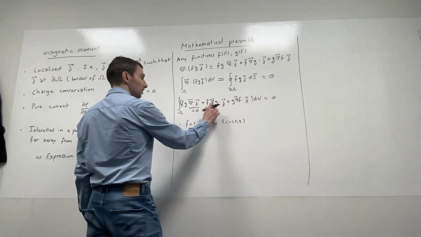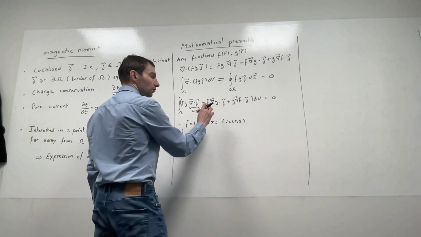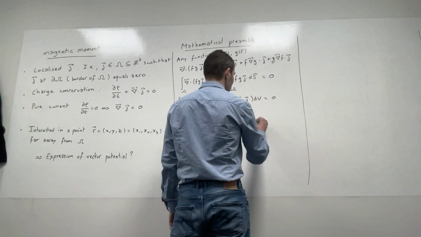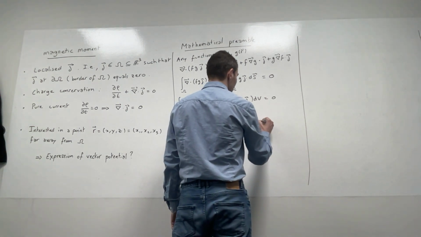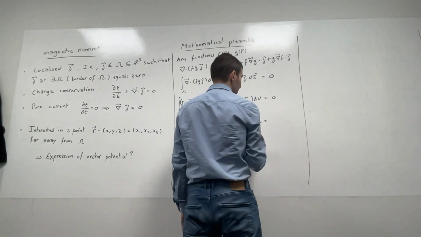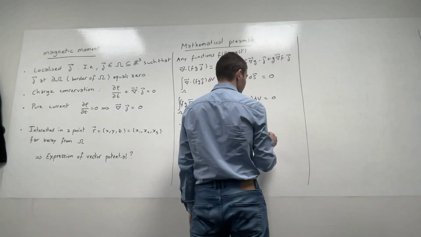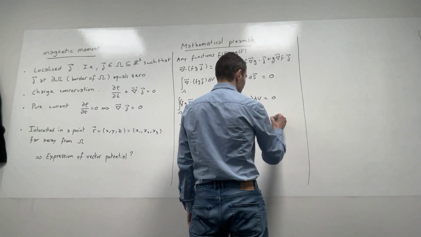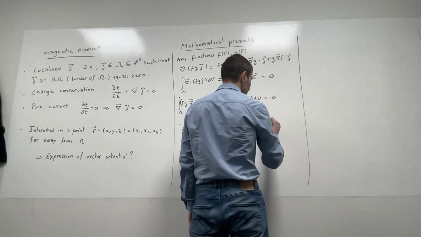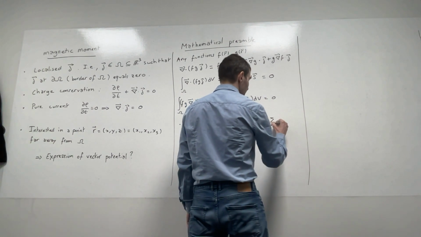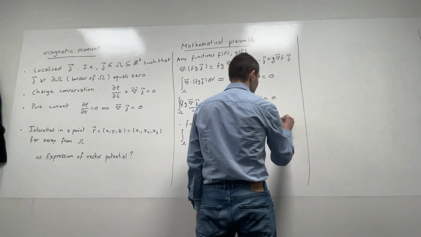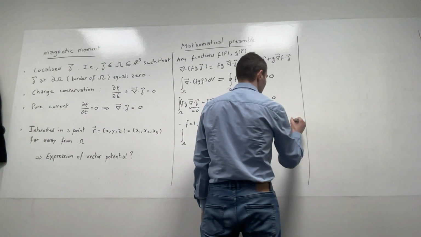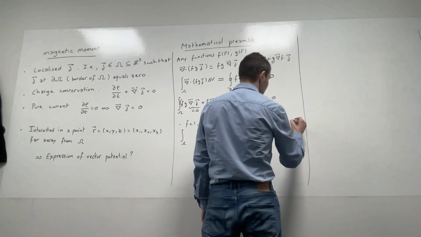So I'm getting 1, then the gradient of xi, which is the sum over j from 1 to 3 of dxi over dxj in the direction xj.